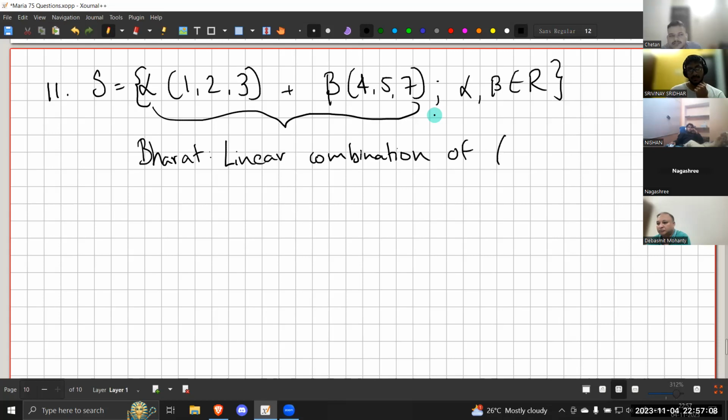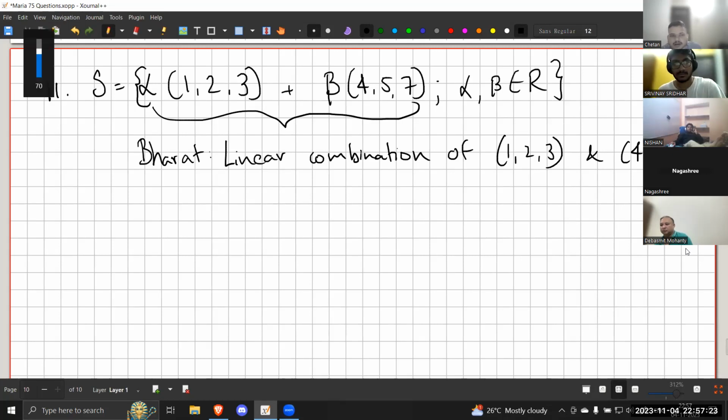Yeah, Nagashri, you're saying something? Your voice is very faint and breaking. I said I think it might be a... Okay. Can you repeat, Chetan? I think she said that it's a subspace. But what is the reason behind it?